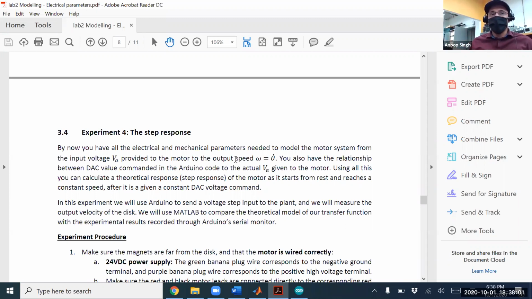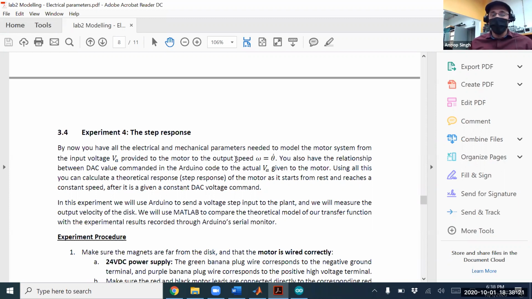That's the response. So first order transfer functions have a very peculiar step response. And let's see, if we give a step voltage input to a motor, does the response as predicted by our transfer function actually match the experimental response?